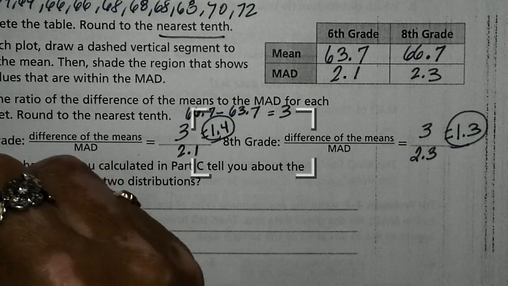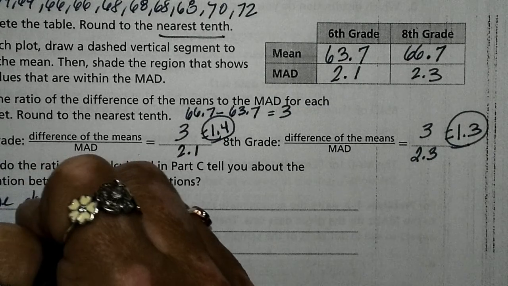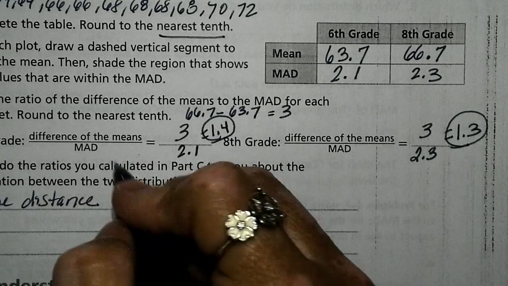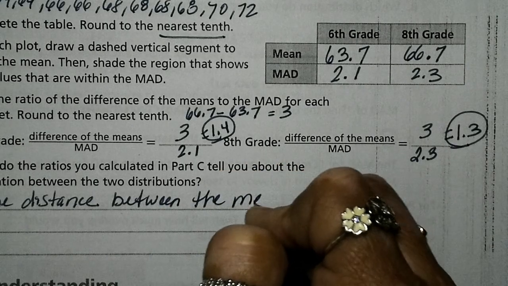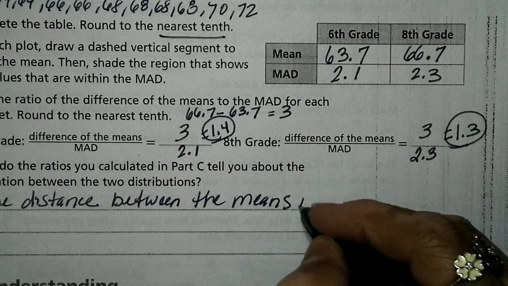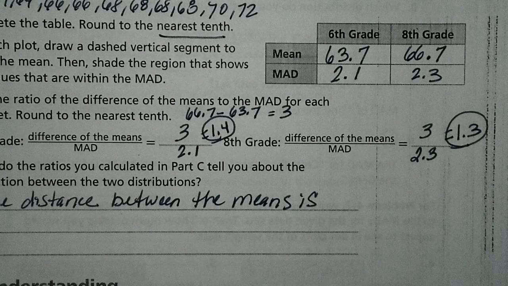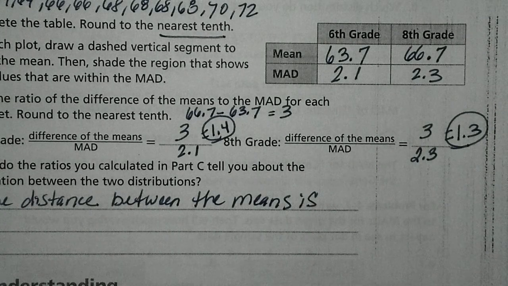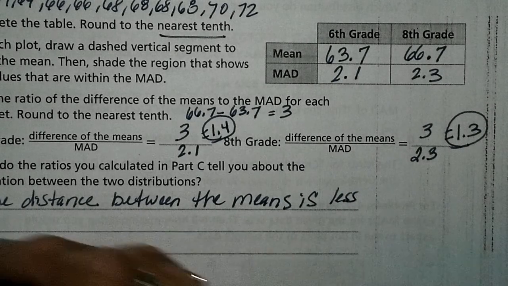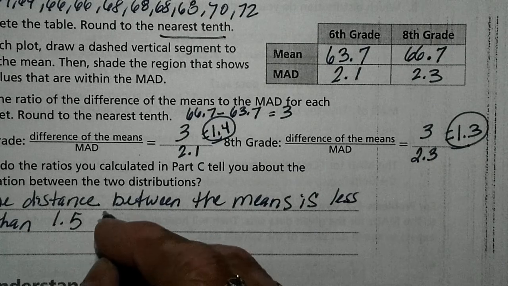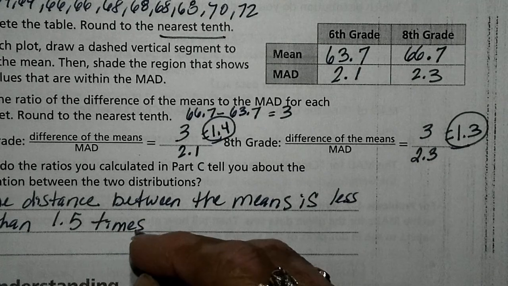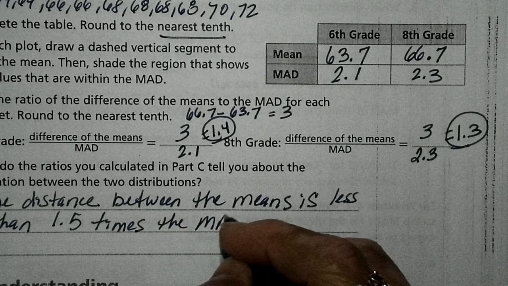So, the distance between the means is less than 1.5 times the MAD.